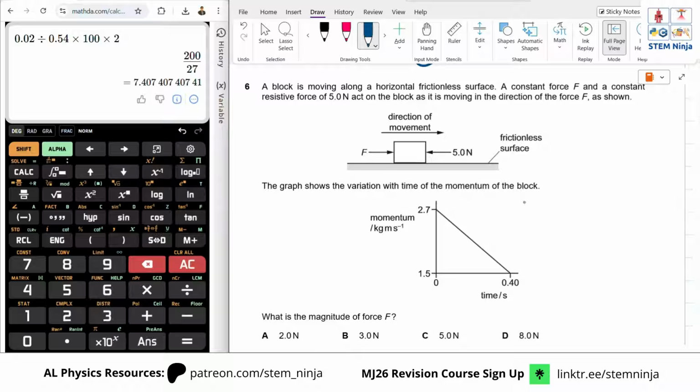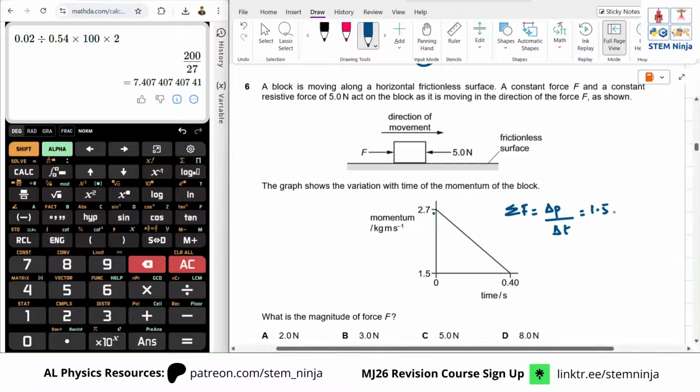What is the magnitude of the force F? So remember, force is the rate of change of momentum or average change in momentum over time. So the change in momentum is 1.5. Okay, so this is going to give us the resultant force. So remember that.